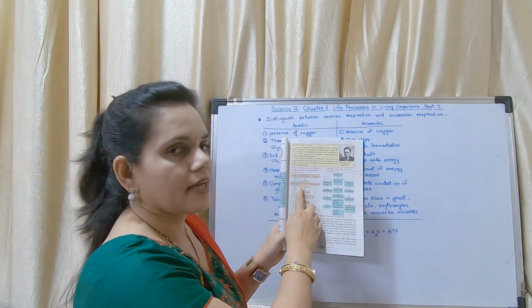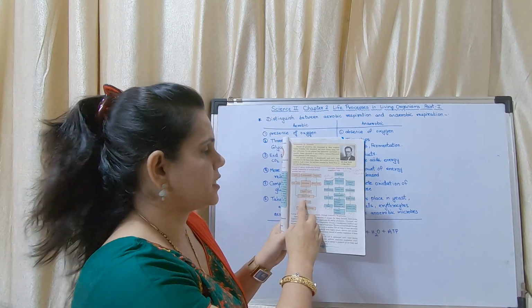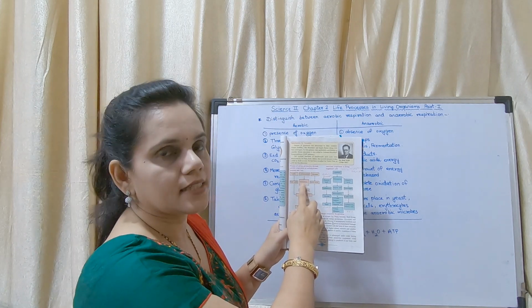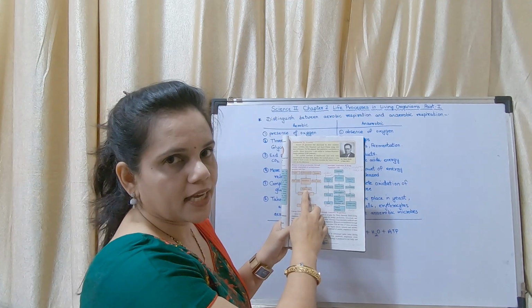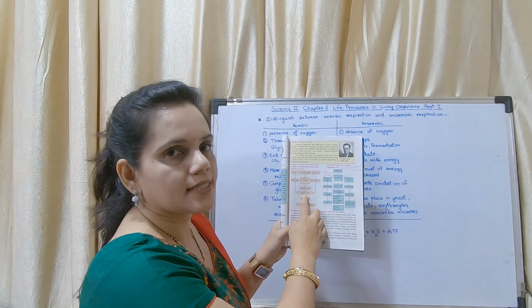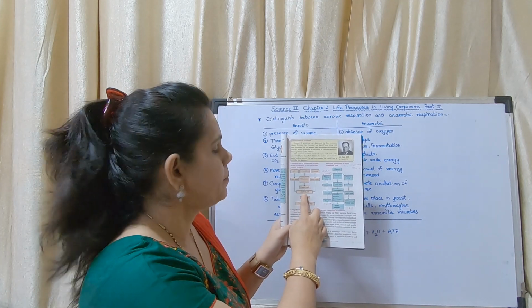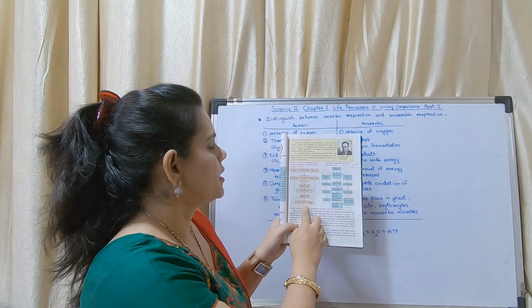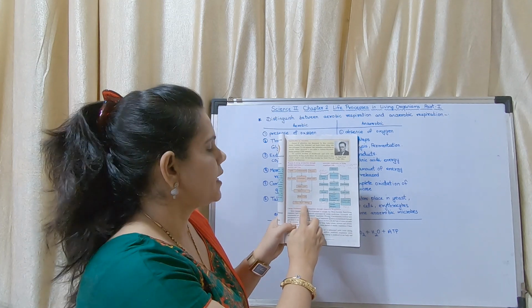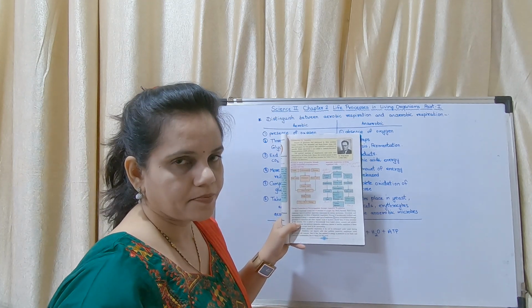In this chart, which we had drawn in the last lecture, carbohydrates enter the glycolysis pathway to form pyruvic acid. Pyruvic acid gets converted into acetyl-CoA. Acetyl-CoA enters the Krebs cycle. From the Krebs cycle we get CO2, H2O and energy.